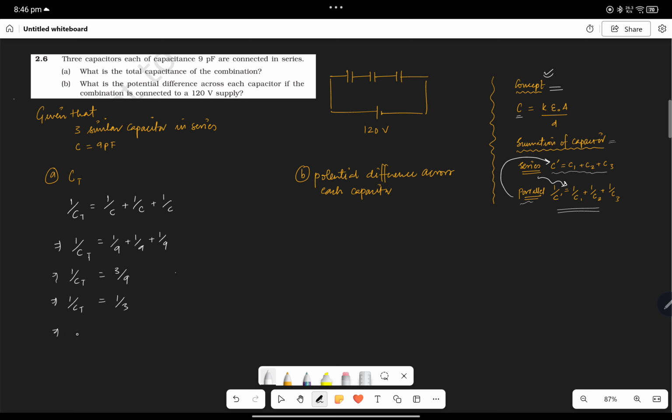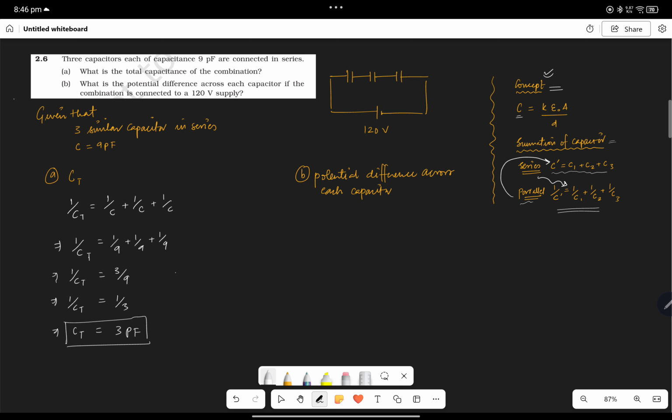So C total is going to be 3 picofarad, right? So this is the answer that you are going to get, and that is in picofarad, right?